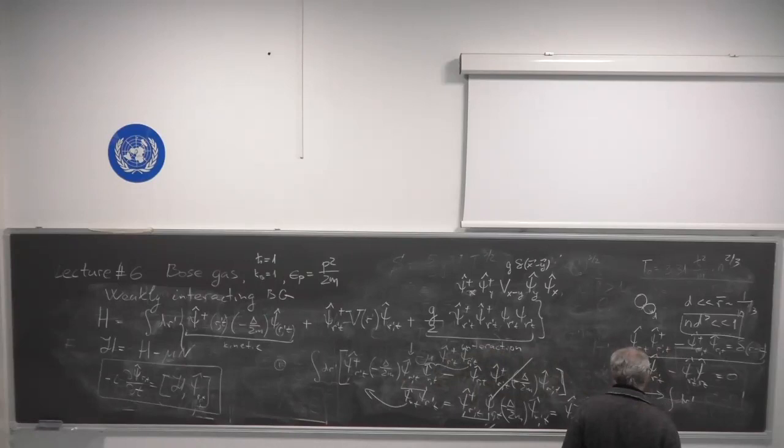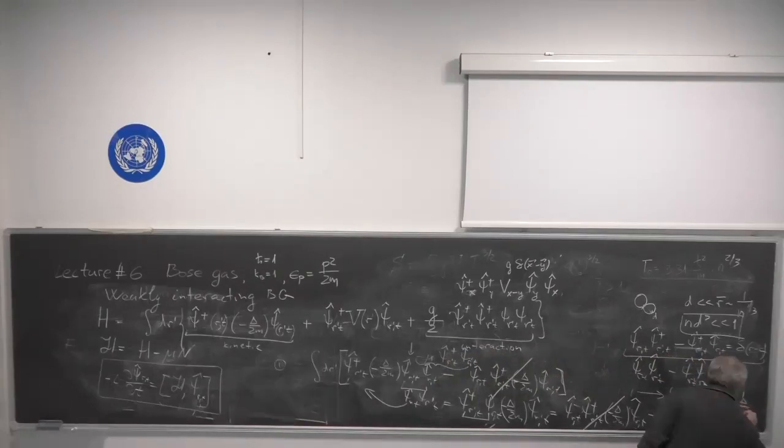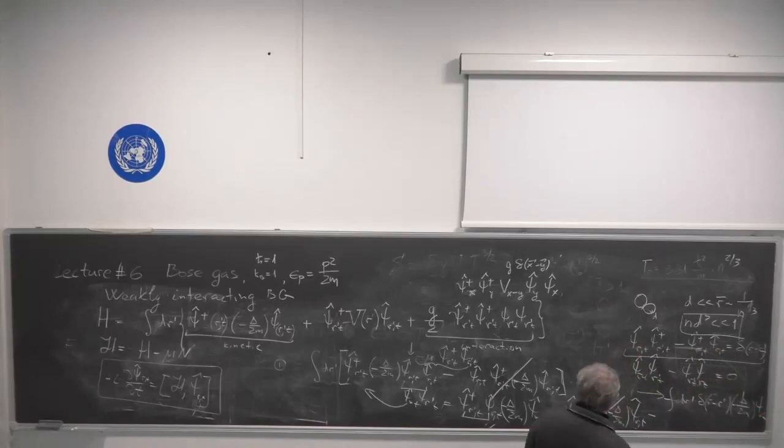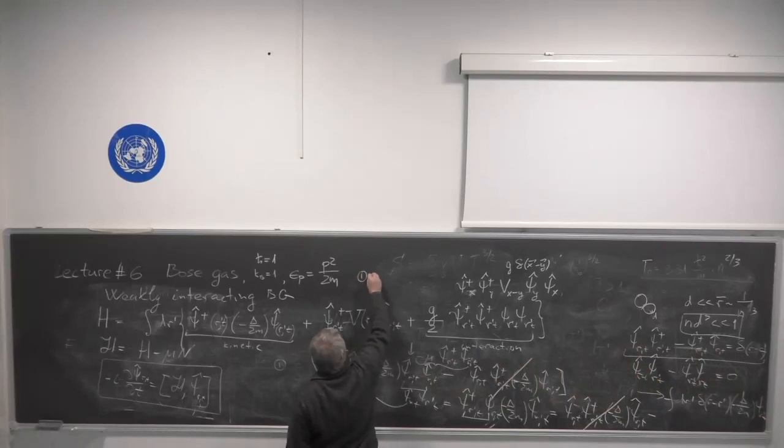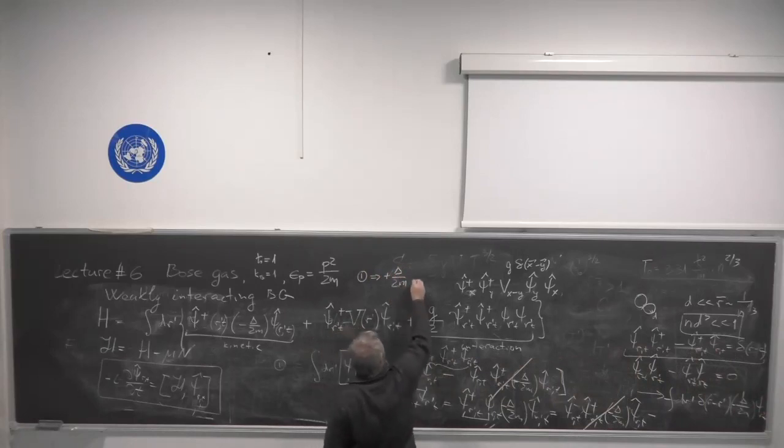It's the integral over dr prime. I have a delta function r minus r prime with a minus sign, and minus nabla over 2m psi r prime t. Okay? So the first commutator gives me plus nabla over 2m, nabla over 2m psi r t.